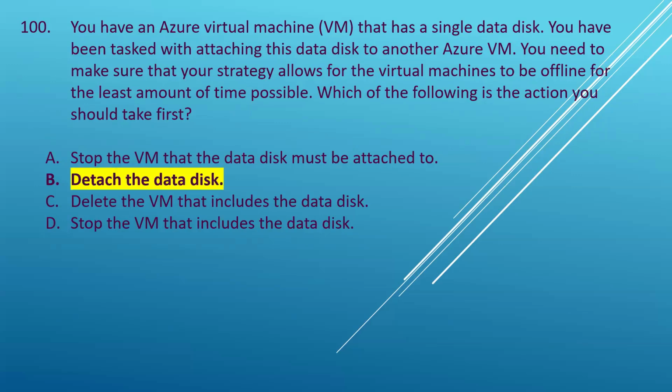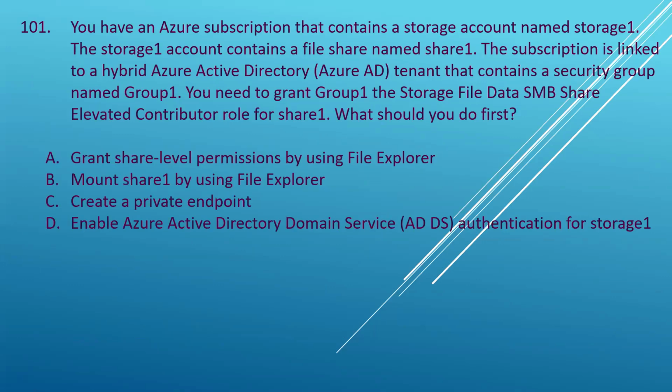detach the data disk. You have an Azure subscription that contains a storage account named Storage1. The Storage1 account contains a file share named Share1. The subscription is linked to a hybrid Azure Active Directory tenant that contains a security group named Group1.